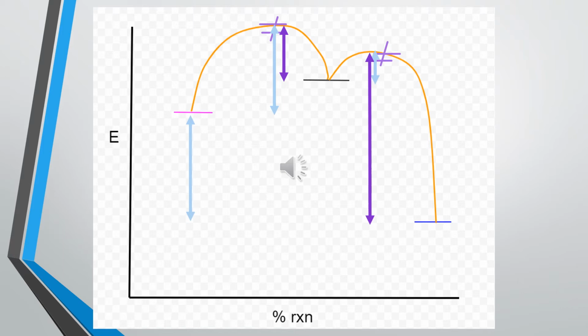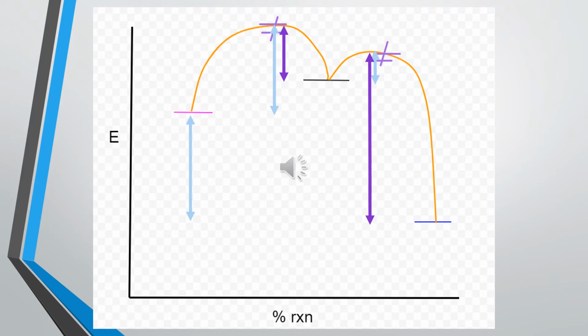Of course, there is an intermediate in this two-step reaction mechanism, and that's illustrated where the two curves meet. And then as we complete step 2, we have another minor activation barrier, that's that very small gray arrow, and finally we fall all the way down spontaneously to products.